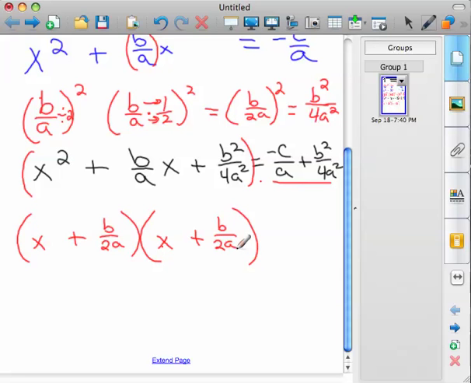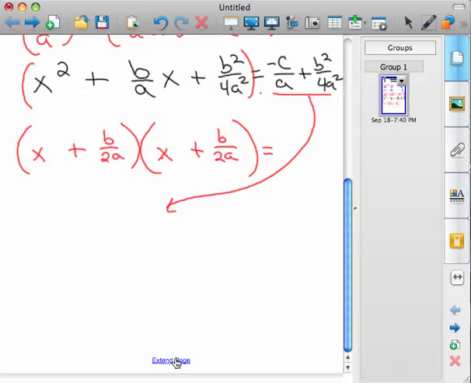On the right side of the equation, we need common denominators, and I need a little bit more room. So I'm going to take this up above and slide it down here so that we can work on it. We've got negative c over a plus b squared over 4a squared. So we need a common denominator.